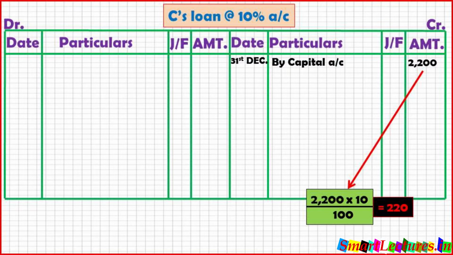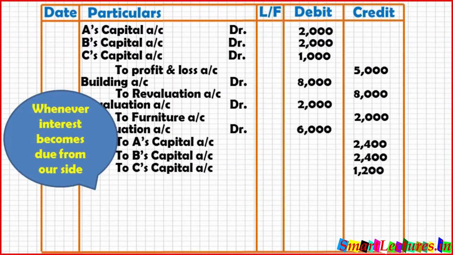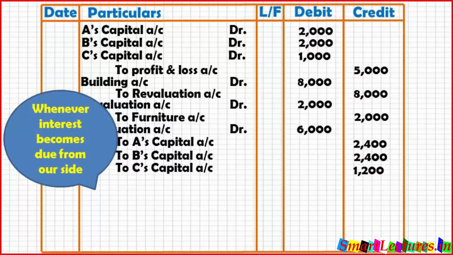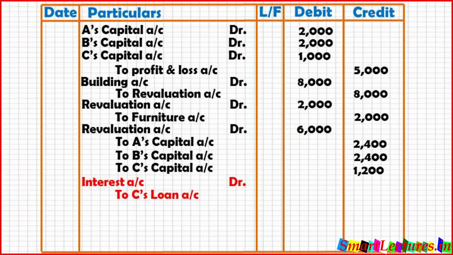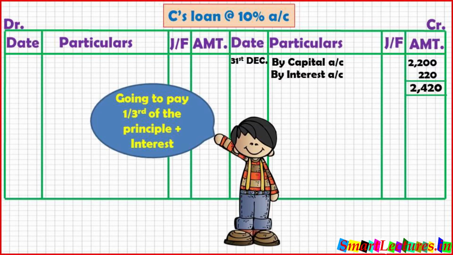So on credit side we will write down by interest. Basically whenever the interest becomes due from our side, our journal entry is interest account debit to seized loan account. So in this way we will write down on credit side by interest 220, and the total will be 2,420. In this way we are going to pay today 1/3 of the principal plus interest.